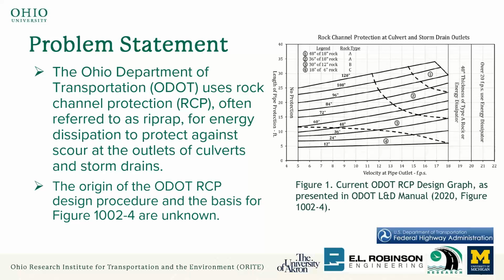Let's say for a 12-inch culvert, and the velocity at the outlet is 12 feet per second. Then you will go to this point, then you look at the RCP length, and also this is 4. Right? 4 means we have an 18-inch or 6-inch rock, so type C or dumped rock type. So this is how currently these RCP are designed.